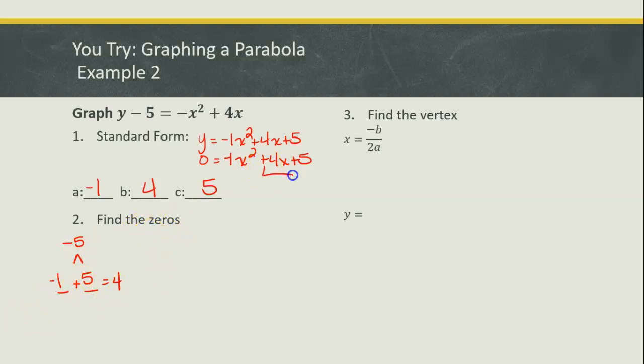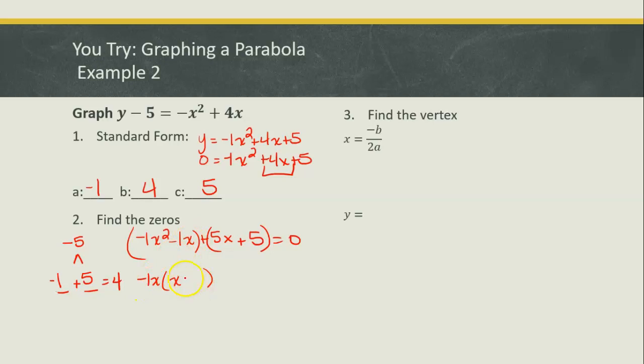So now I'm going to replace b with the magic numbers. This becomes negative 1x squared, and instead of 4x, it's going to be minus 1x plus 5x plus 5 at the end. That's all equal to 0, so now I'm going to factor using grouping. I'm going to factor out a negative 1x because both of these can be divided by negative 1x. Negative 1x squared divided by negative 1x gives me positive x.